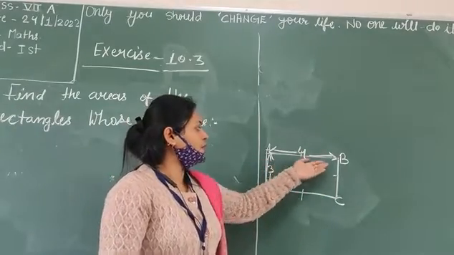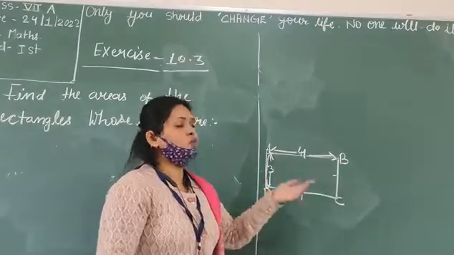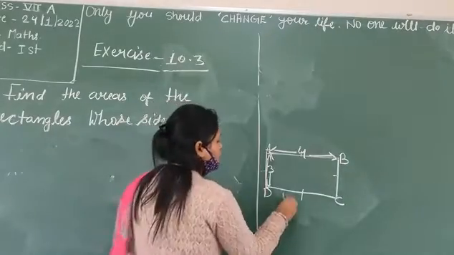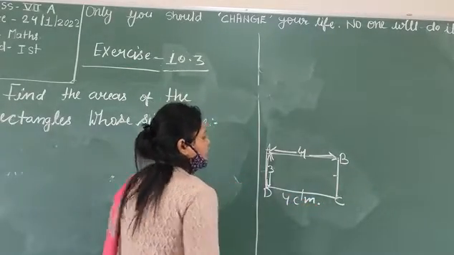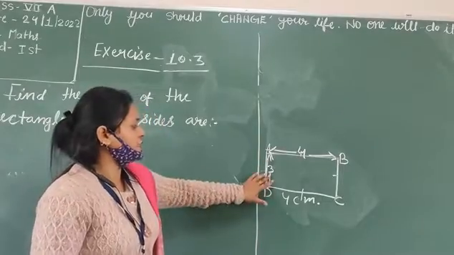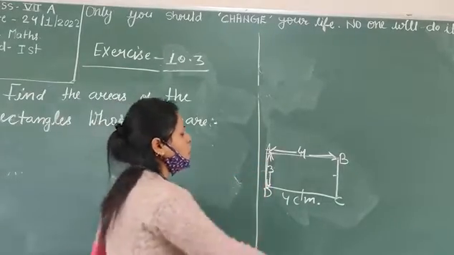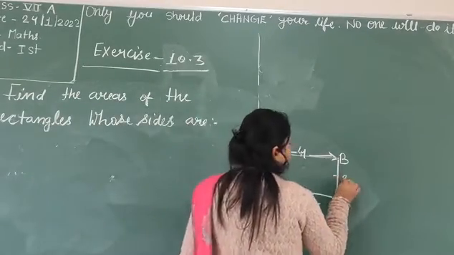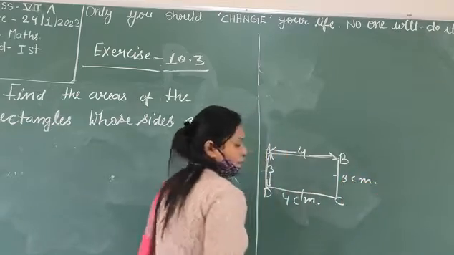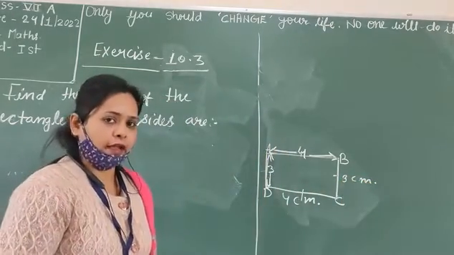And if AD is 3 cm, then BC will also be 3 cm.